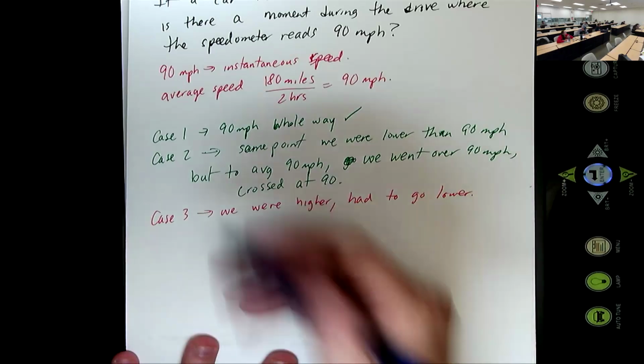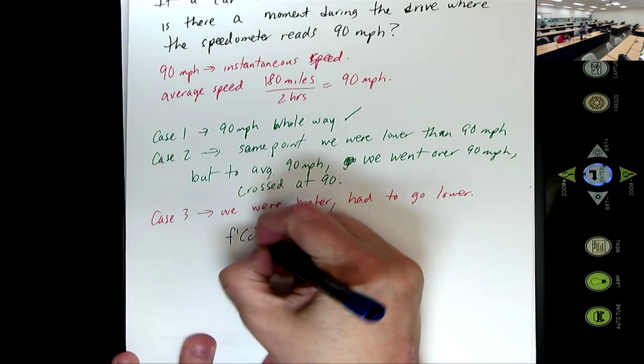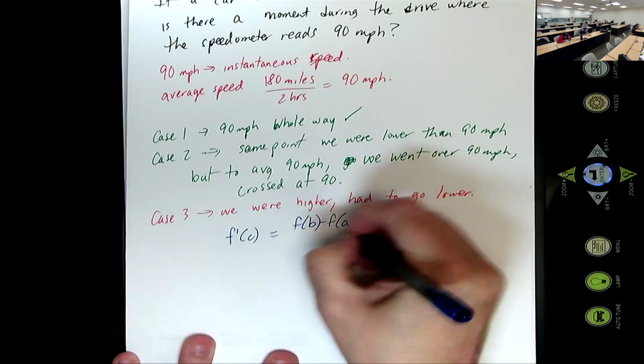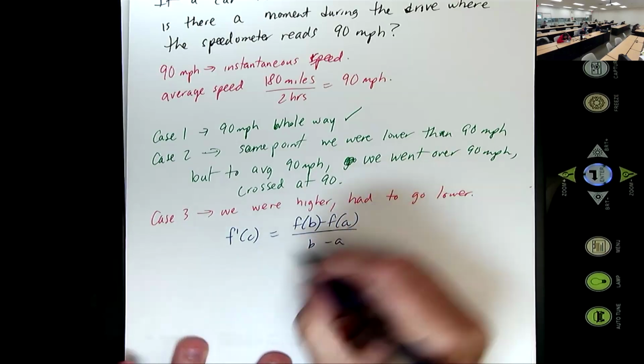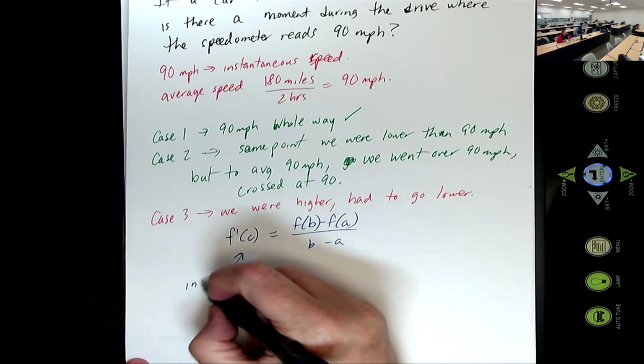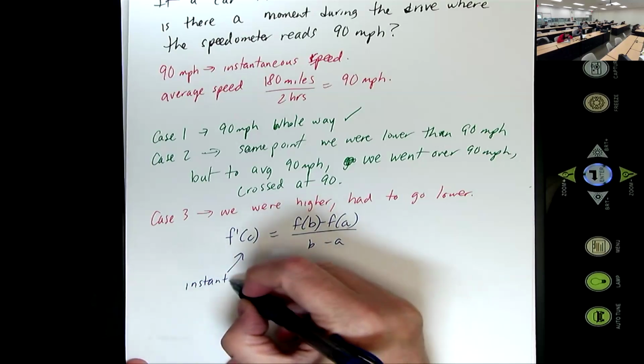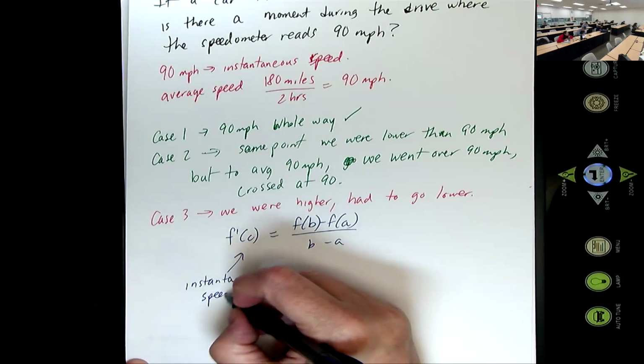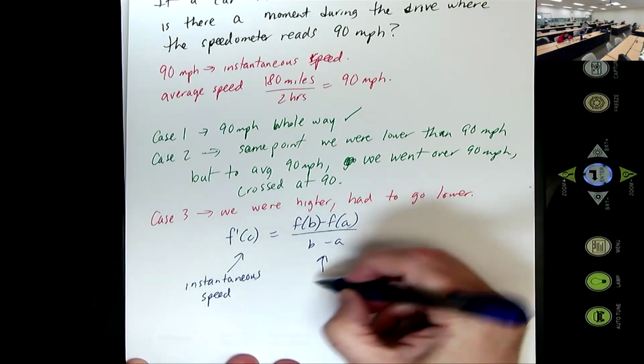If we think about it in terms of the mean value theorem, not Rolle's. This is instantaneous velocity, or speed, and that's average speed.